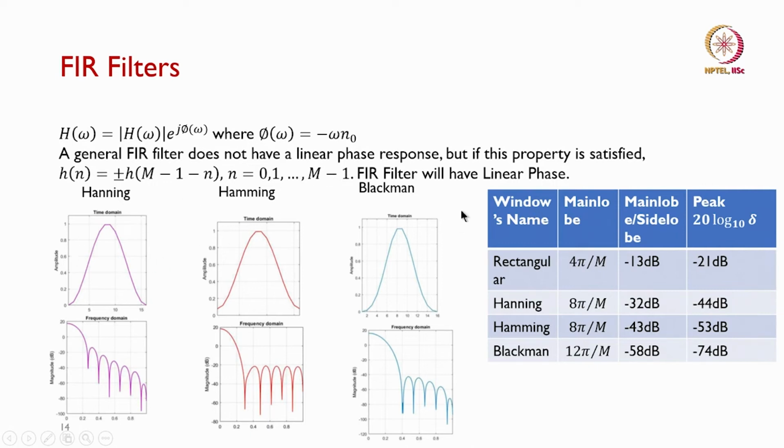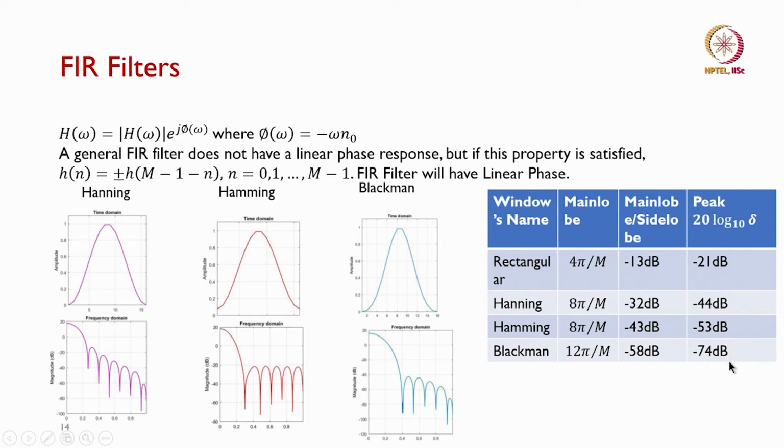So, we discussed how we can design our FIR filter in the digital domain using the Hanning window and then the Blackman window, with different responses depending on the peak, that is minus 20 log delta, and the cutoff frequency you want, whether you need 21 dB down the line, or minus 44 dB, or up to 74 dB that Blackman can give.